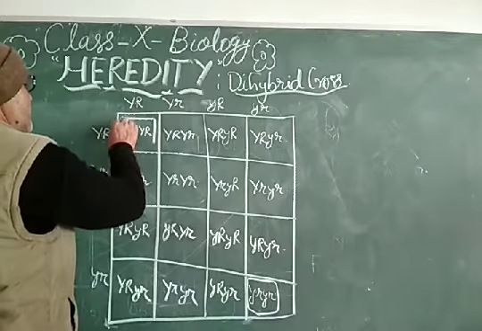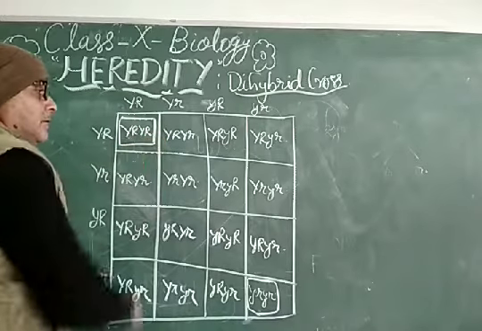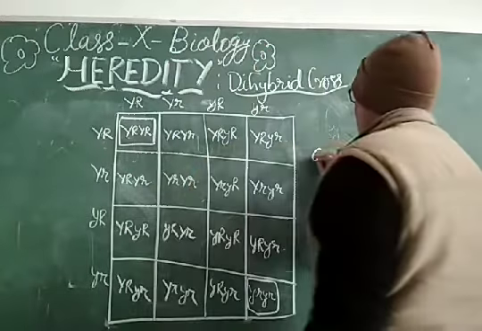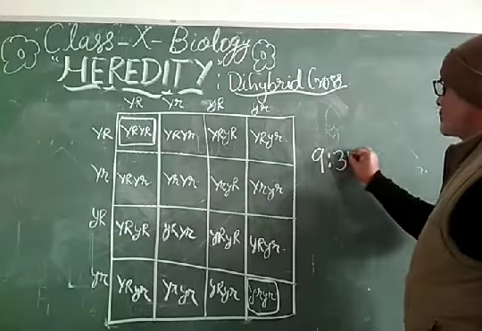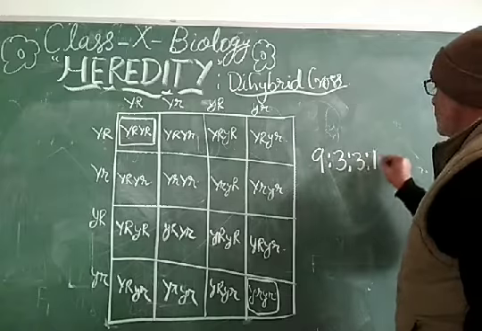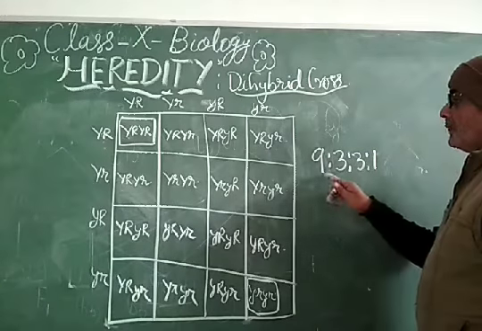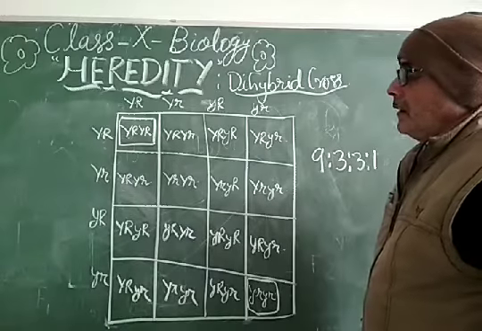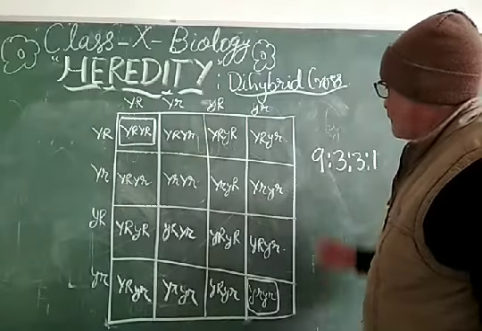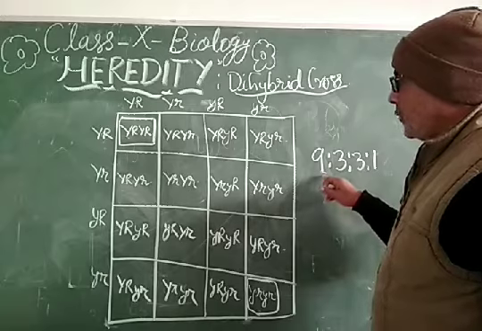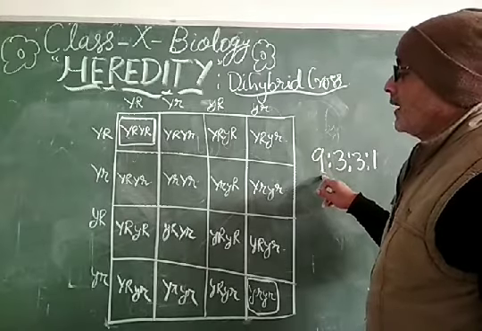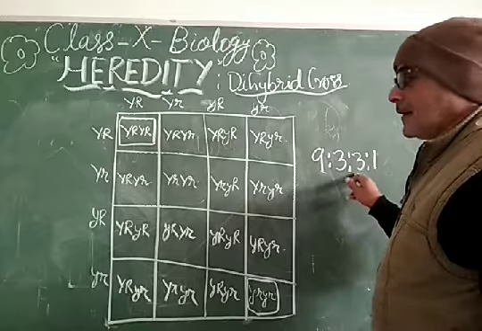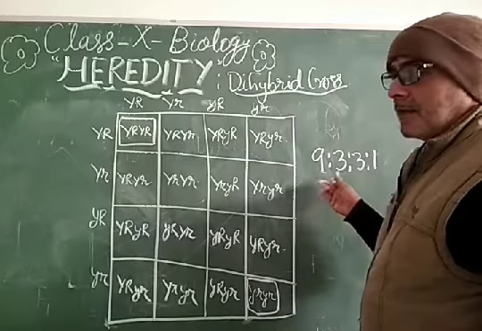But in this, the dominant phenotypic ratio will be 9:3:3:1. 9 will be the pure. 9 will have the purity, while 3 will be the hybrid, and 1 will be again pure.